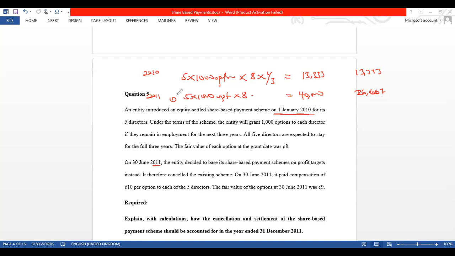But you see, this is cancellation. It means that if you are canceling it, this one should not exist anymore. It shouldn't be there because you were making some provisions up to the vesting date, and the vesting date never came because the thing has been canceled. So you have to remove these things from your books.